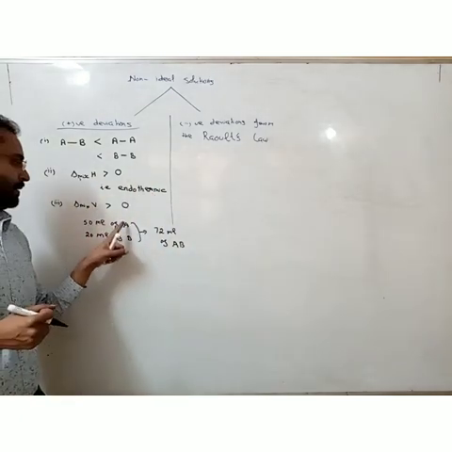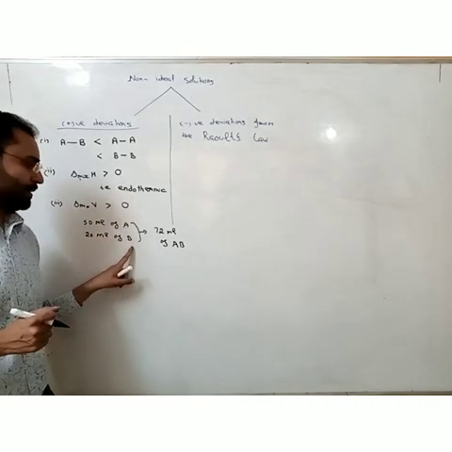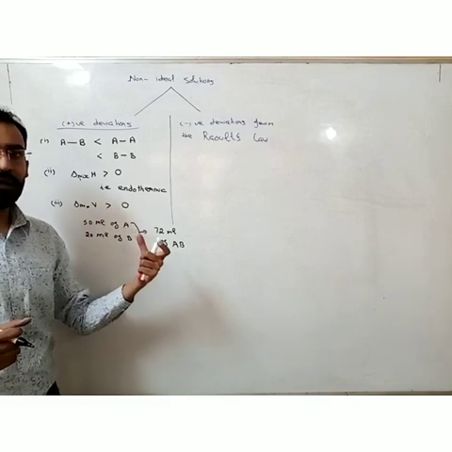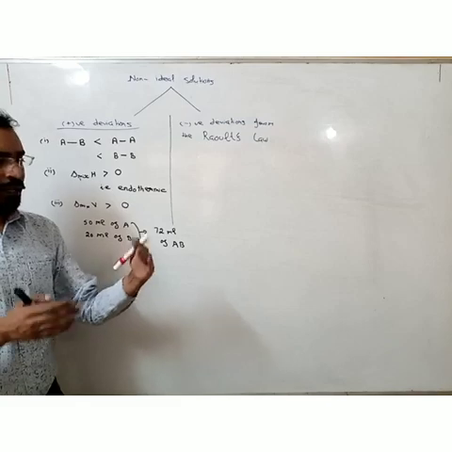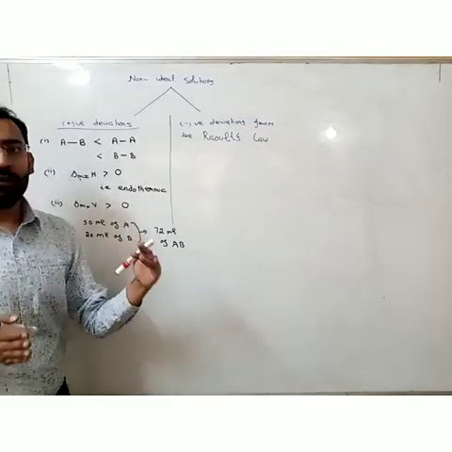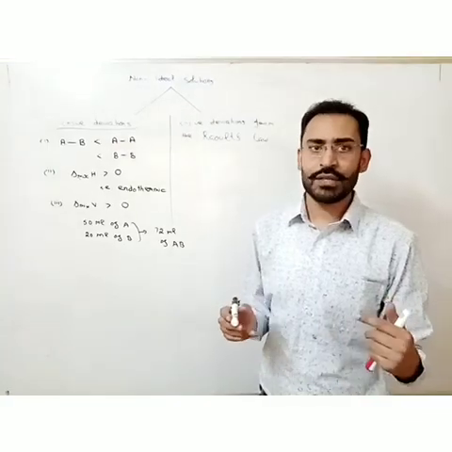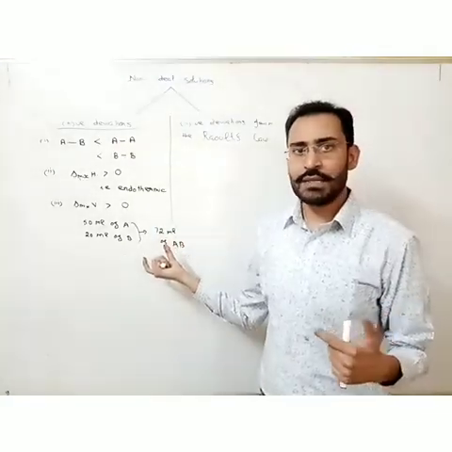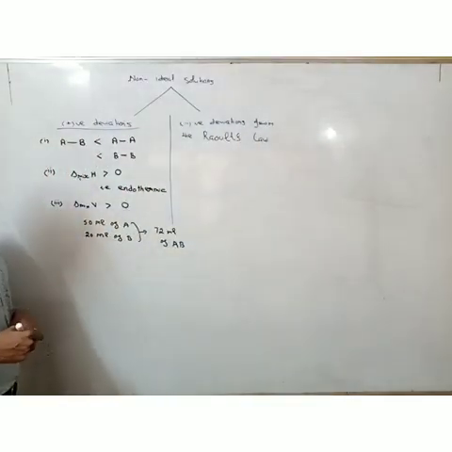Since the interactions among solvent and solute particles are weaker as compared to solvent-solvent or solute-solute interactions, these particles tend to escape from the solution. Intermolecular interactions become weak, which results in increase in volume. So delta V mixing is greater than 0.